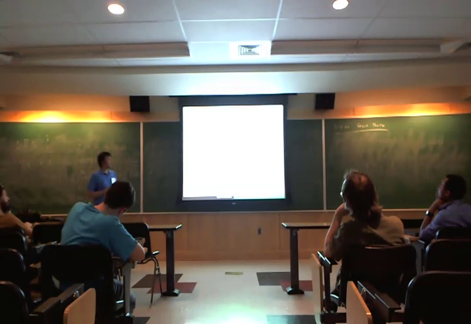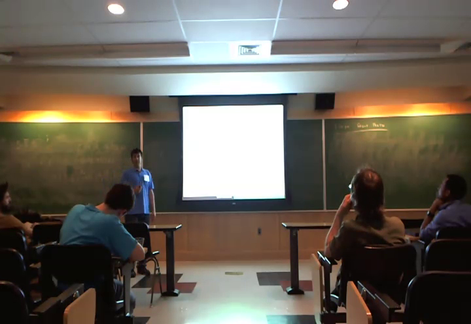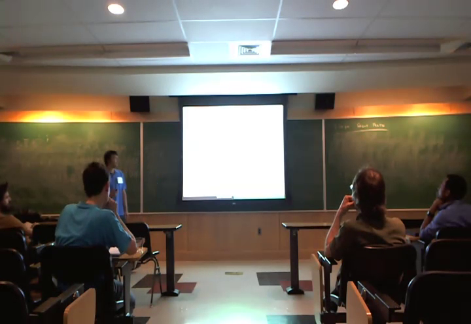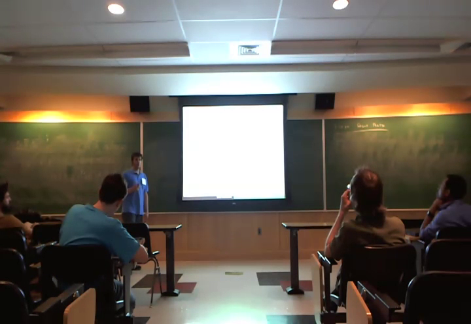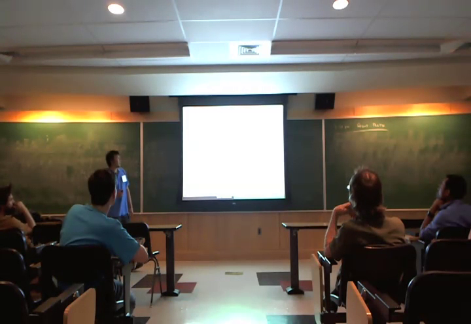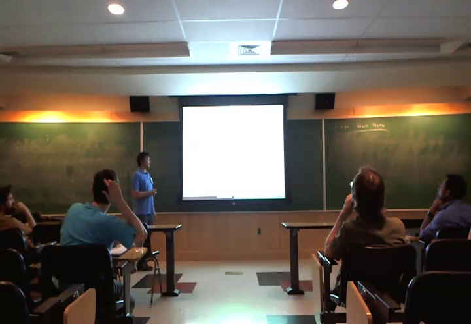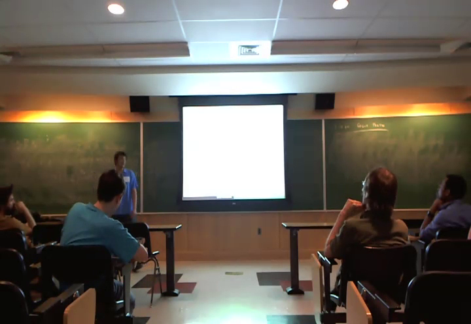So, for classifying D-brane charges in the type 1 theory, we want to use KO theory, real K-theory. And since we need everything to be 10-dimensional, we want to look at T4 cross R6. And we find that KO of T4 cross R6 is 6 copies of Z and 5 copies of Z mod 2.